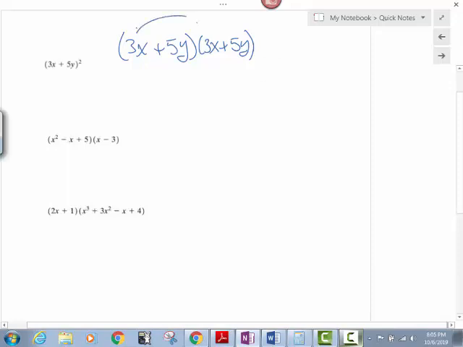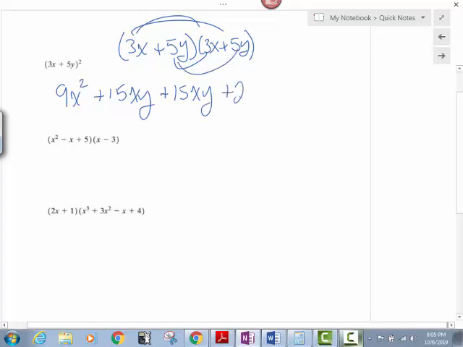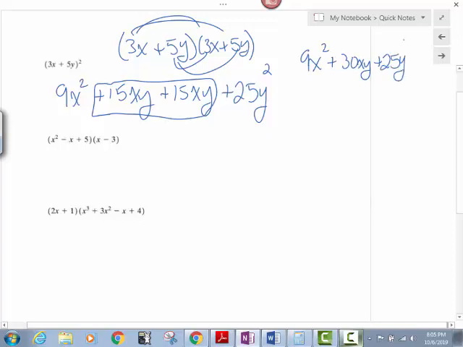So when we multiply, 3x times 3x is a 9x squared. 3x times 5y would be a 15xy. 5y times 3x is another 15xy. 5y times another 5y would be a 25y squared. Again, these two, we can combine them in the middle to give us a 9x squared plus a 30xy plus a 25y squared, right? Okay.